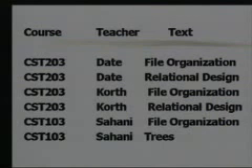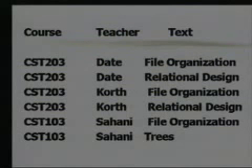That is, for each teacher, I need to represent each text. For example, CST 203 being taught by Date is represented with two tuples and not one tuple.